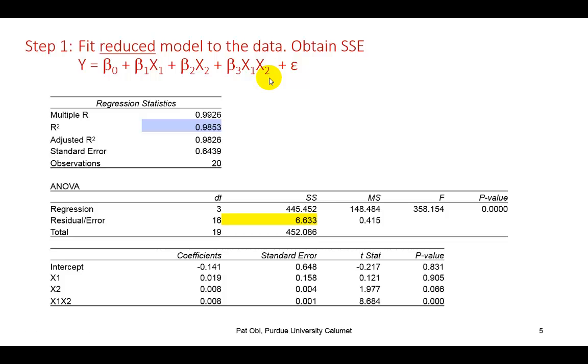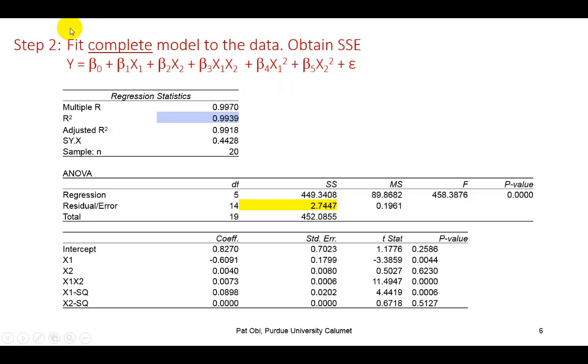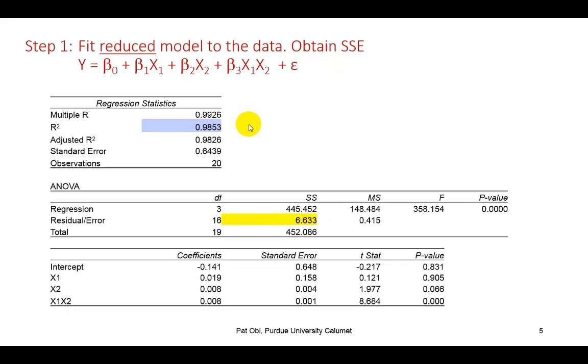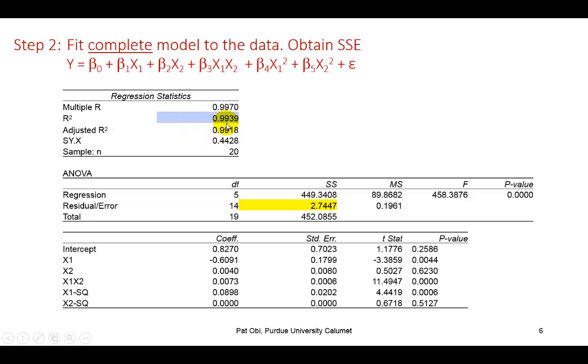Now, if we go to step 2 and run a regression on the complete model, we find that again F remains significant, but observe that the coefficient of determination, which is a measure of the proportion of the variation in y that has been explained by the entire model, has increased from 98.5% to 99.4%.